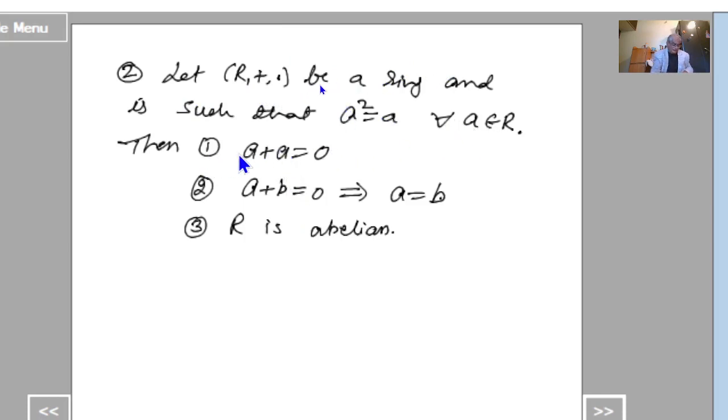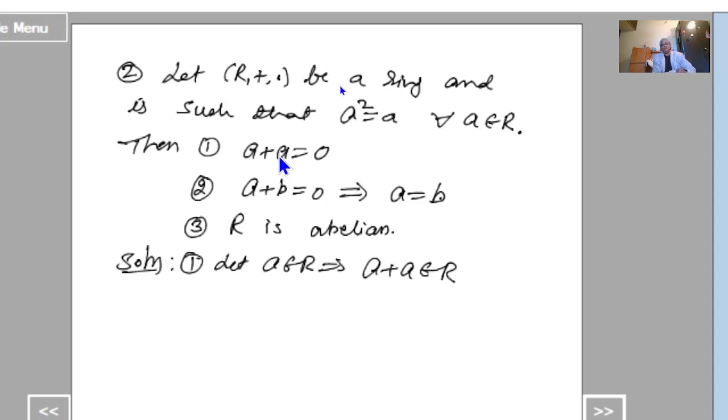First I will go for this one. Solution 1. Let A belongs to R. This implies A plus A also belongs to R. Now, if A plus A belongs to R, then A plus A whole square is equal to A plus A itself, because A square equal to A is true for all A belongs to R. And what is the left hand side?